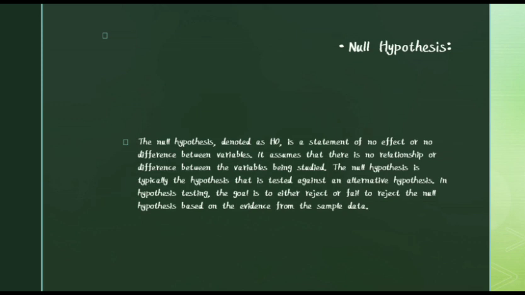The null hypothesis, denoted as H sub O, is a statement of no effect or no difference between variables. It assumes that there is no relationship or difference between the variables being studied. The null hypothesis is typically the hypothesis that is tested against an alternative hypothesis.